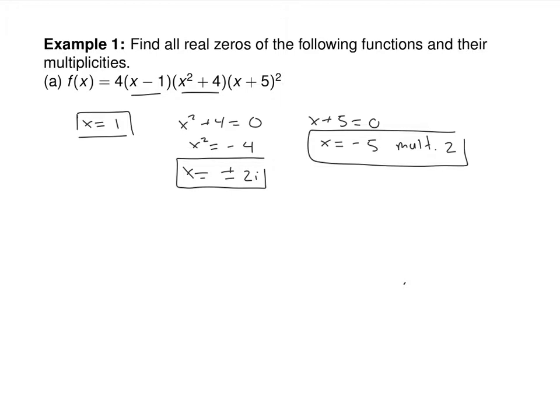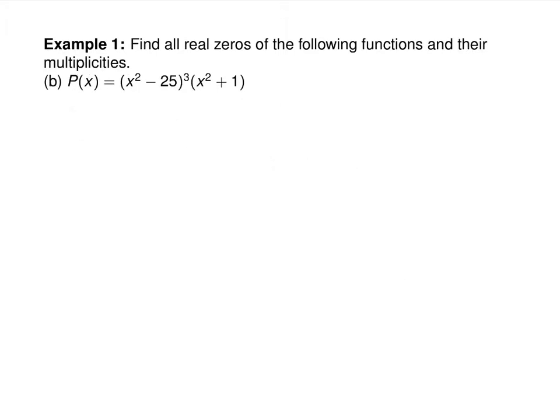Okay. How about this one? I've got (x squared minus 25) to the third power. Does that x squared minus 25 factor? Yes. How does it factor? (x plus 5)(x minus 5), and that whole business is cubed. So there are zeros at x equals negative 5 and x equals positive 5.